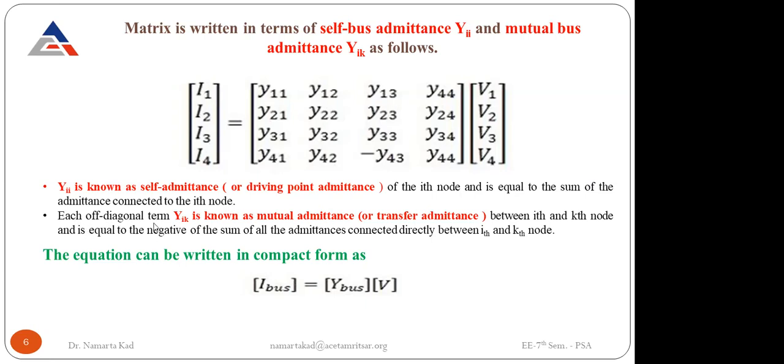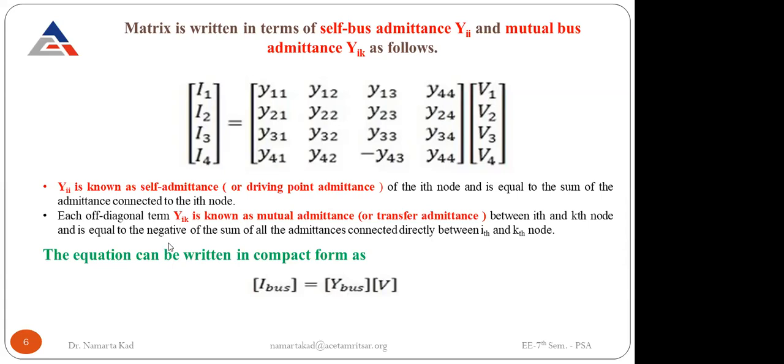And similarly, each off-diagonal term, that is Yik, is known as the mutual admittance or transfer admittance between the ith and kth node, and is equal to the negative of the sum of all the admittances connected directly between the ith and kth node.